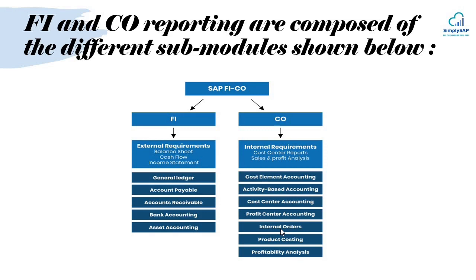First we create cost elements and then we assign the cost elements to the cost center. We can also use different allocation methods for allocating the collected cost of the given cost centers to other controlling objects.